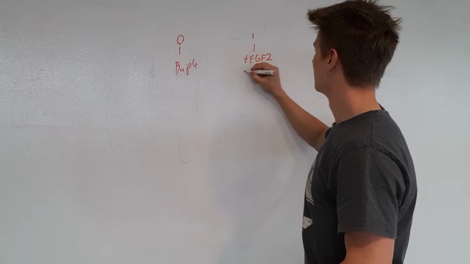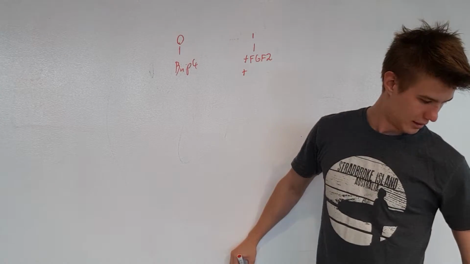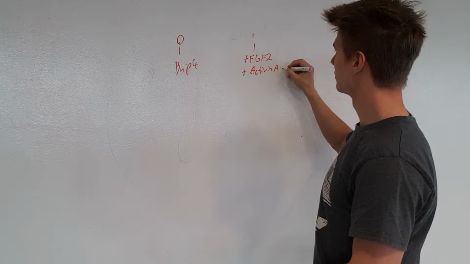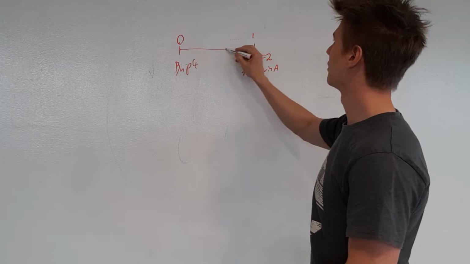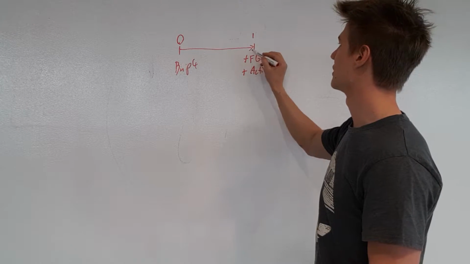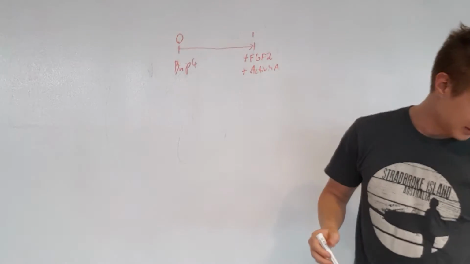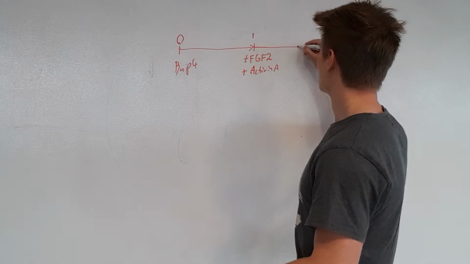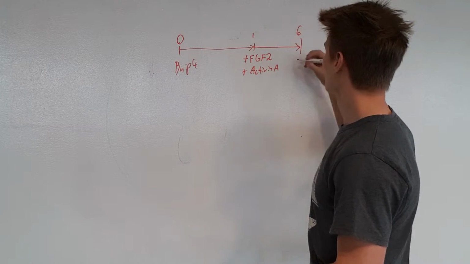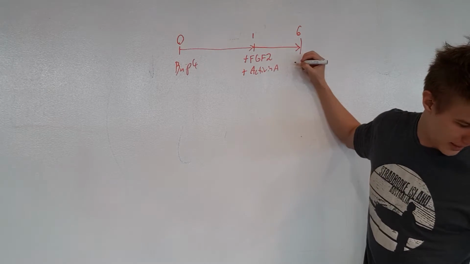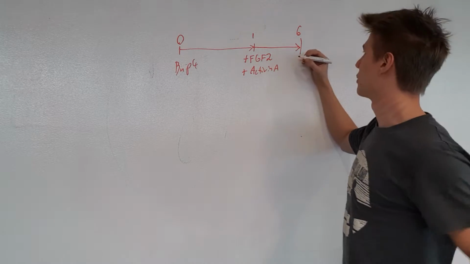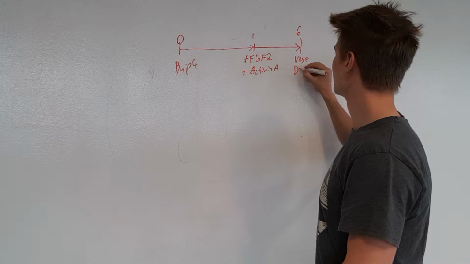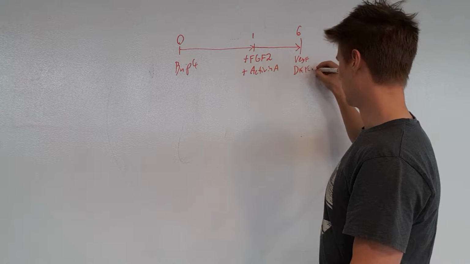That's FGF2 plus also activin A. So at day 1, we have both BMP, FGF2 and activin A. At day 6, we have VEGF and DKK1.